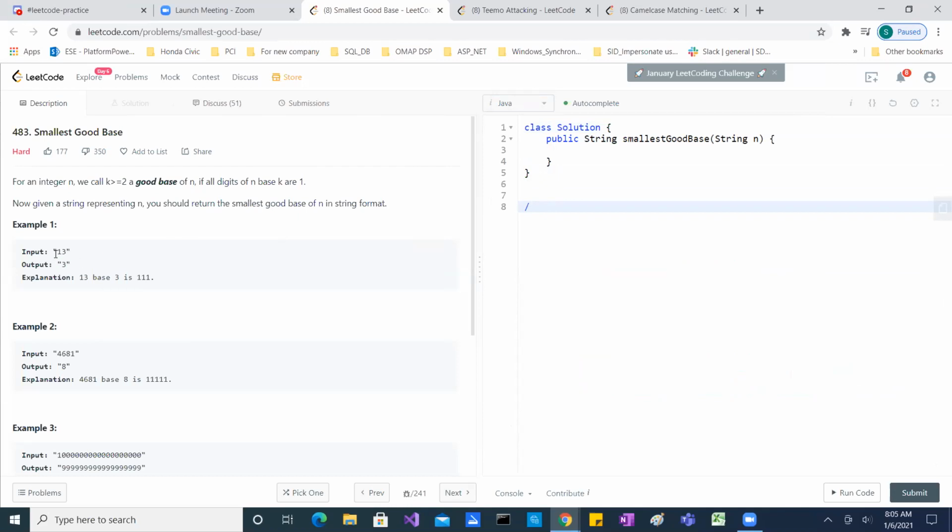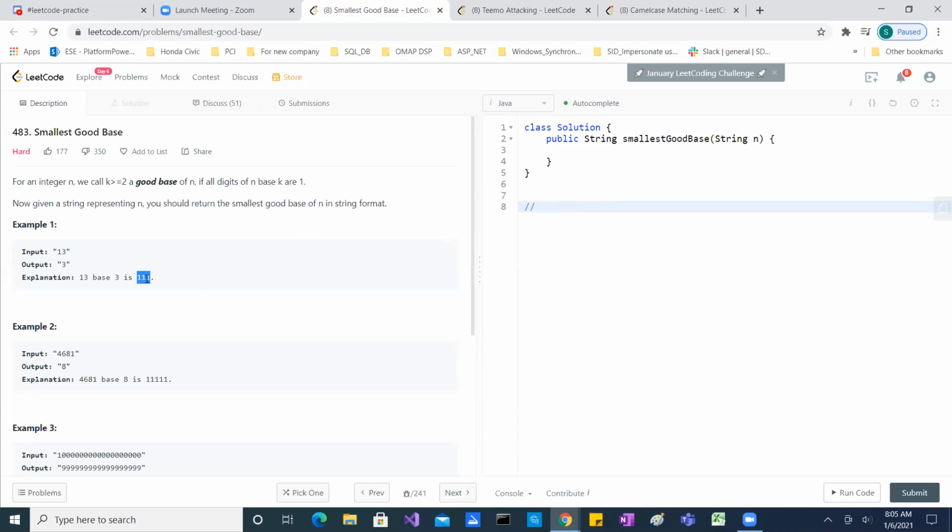If the base is 3, and I use that base, I should be able to form this input 13. So in this case, with base 3, I have three ones.